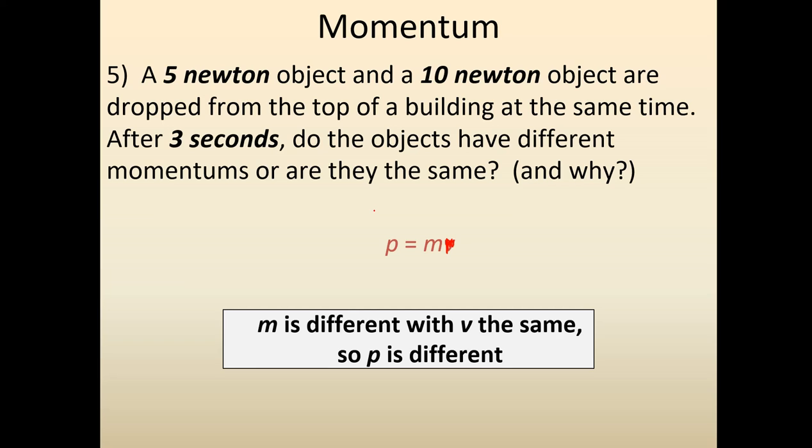So you need to look at what's going on with both variables. Typically, though, in a lot of these cases, only one's going to change, and then you could just look whether they have a direct, inverse, or exponential relationship to see how it's going to change.